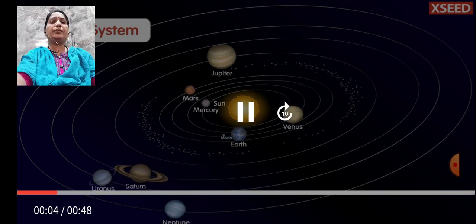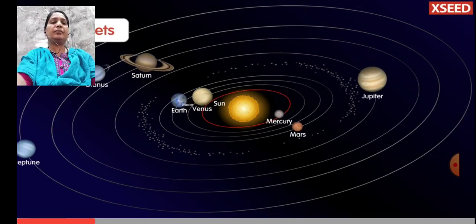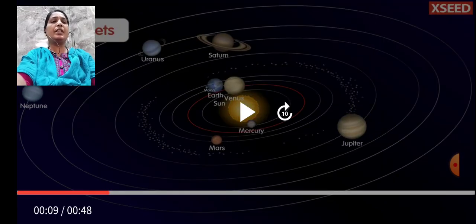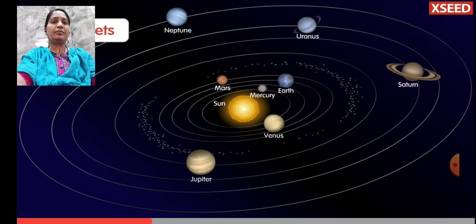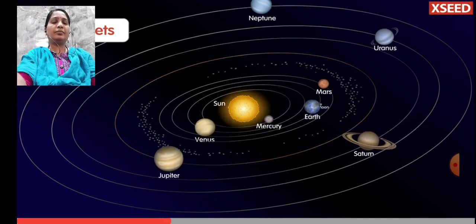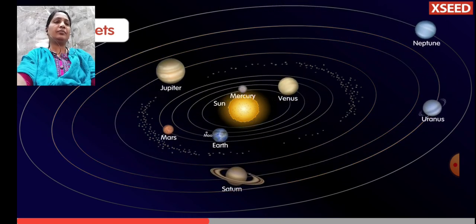Our solar system has the Sun and 8 planets. These are Mercury, Venus, Earth, Mars, Jupiter, Saturn, Uranus, and Neptune.